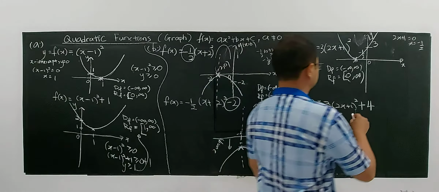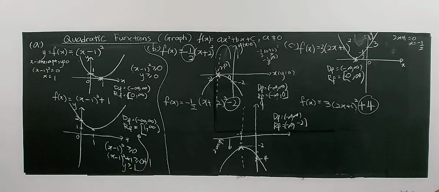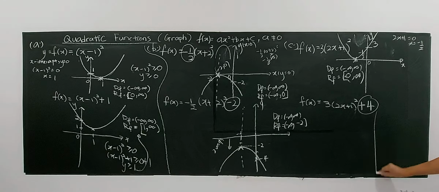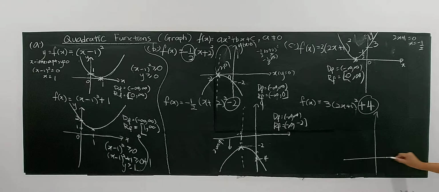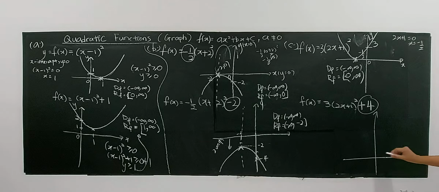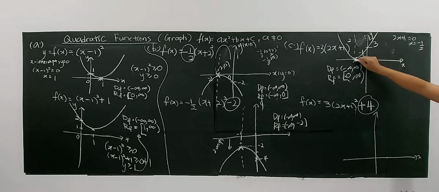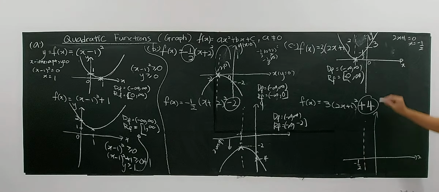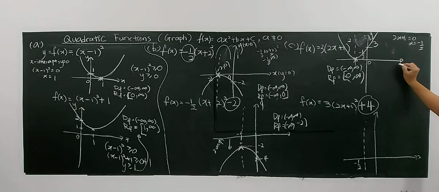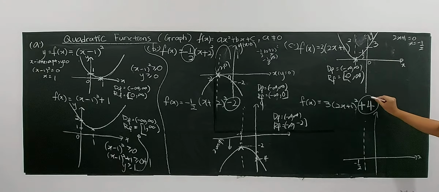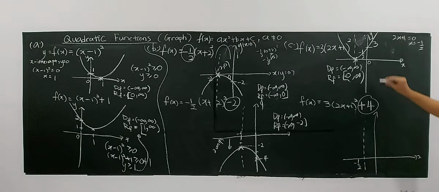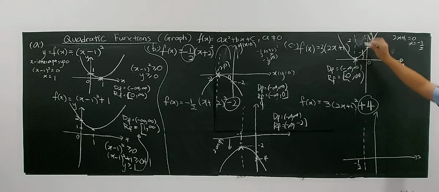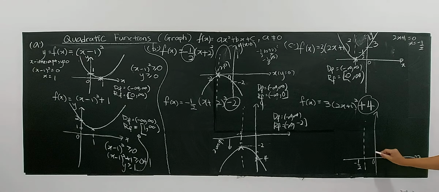Same thing for the graph here. Let's say you have plus 4. What happens when you add 4? The axis of symmetry will still be the same, at negative 1 over 2, but the graph is no longer touching the x-axis, because it is moving upwards by 4 units. From 0 it will go up 1, 2, 3, 4.